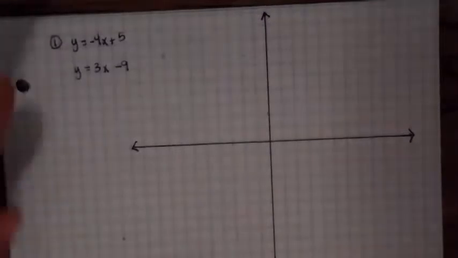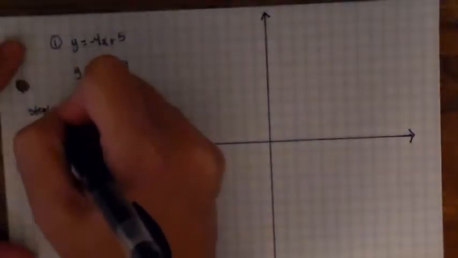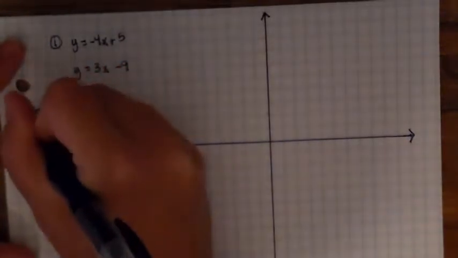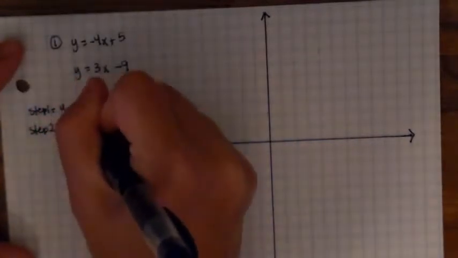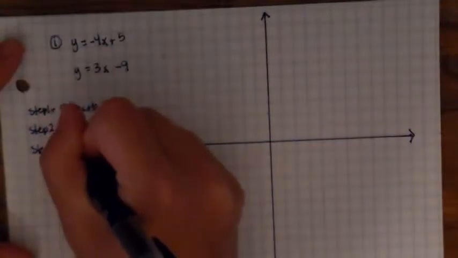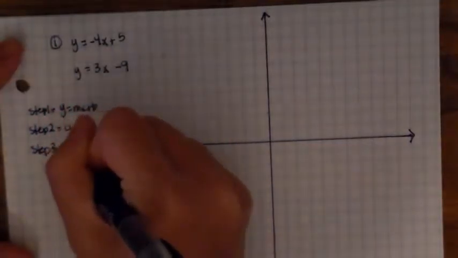And I'm going to graph my first line. Now, our first step will be to put into y equals mx plus b form. Our second step will be to graph. And then our third step is to identify the intersection.